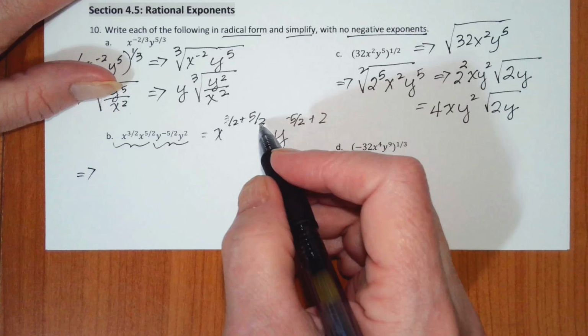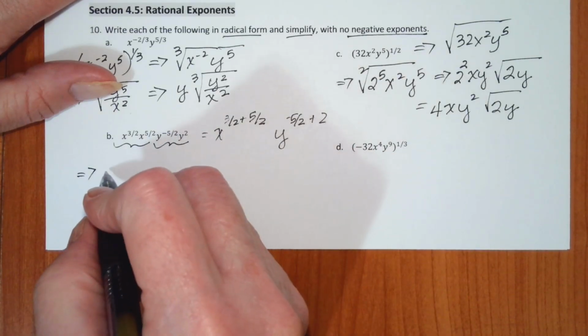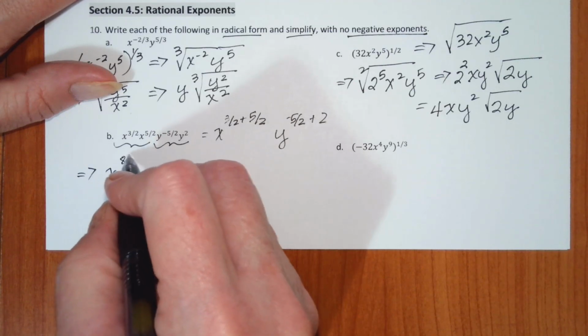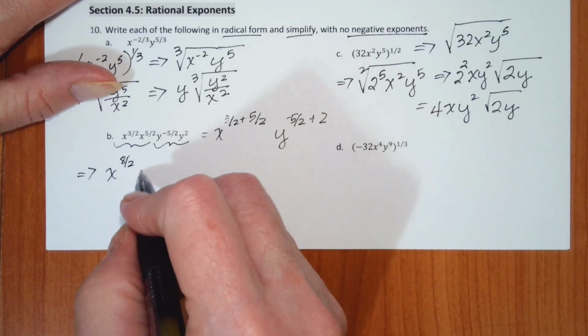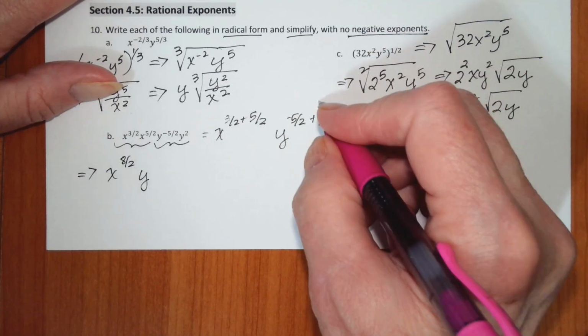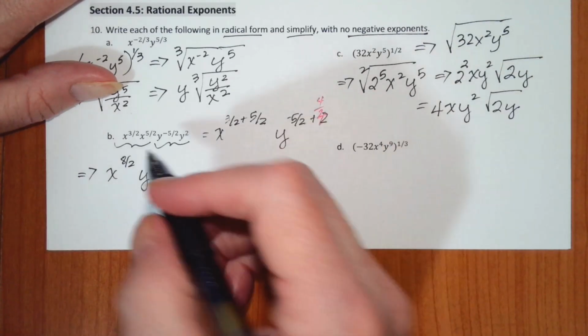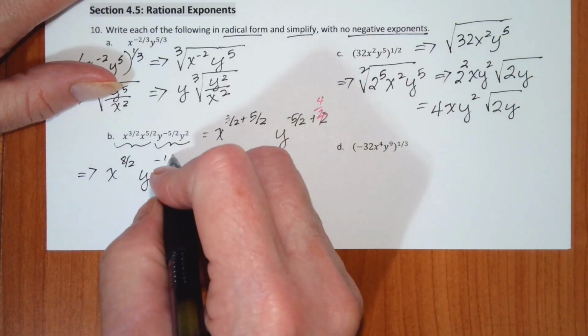Okay, 3/2 plus 5/2 gives me 8/2. So x to the 8/2. Let's see. 2 becomes 4 over 2. So negative 5 plus 4 gives me y to the negative 1/2.